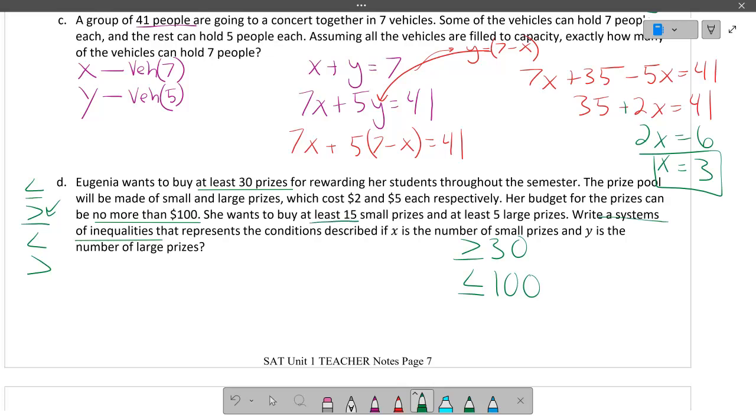What's that going to be? Greater than or equal to 15. Anything else? And at least 5. Greater than or equal to 5. So how many relationships do we have then? We have 4 relationships. Okay, 4. Now let's build out the left-hand side. How do we get greater than or equal to 30?